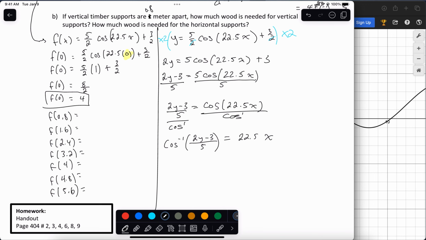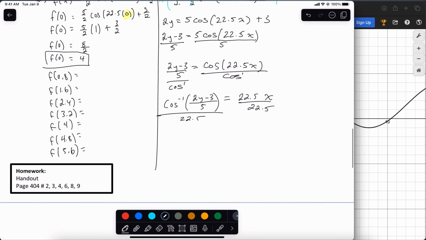And then one final step is to divide both sides by 22.5. Okay, and I get x is equal to cos inverse of 2y minus 3 over 5, divided by 22.5.